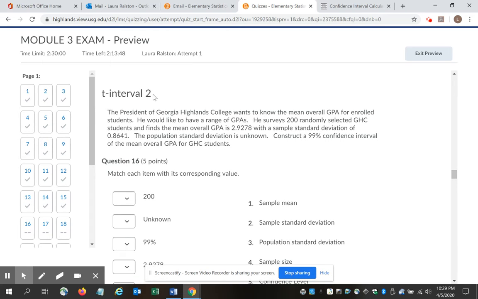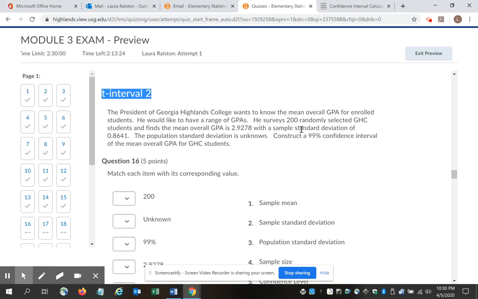And again, if you pay attention, guys, to the header, it clearly says T interval 2. Okay. And it says, the president of Georgia Highlands College wants to know the mean overall GPA for enrolled students. He would like to have a range of GPAs.